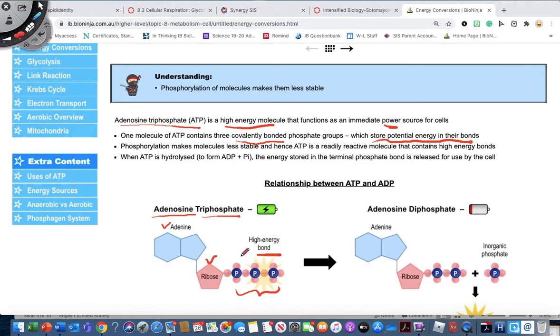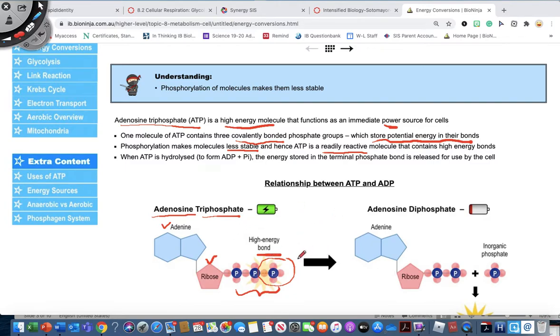So anytime you phosphorylate a molecule, meaning you add an additional phosphate group to the molecule, you make the molecule less stable. So then that means that the ATP molecule is just ready to react. And it contains all that energy, and then it can just explode into an energy release.